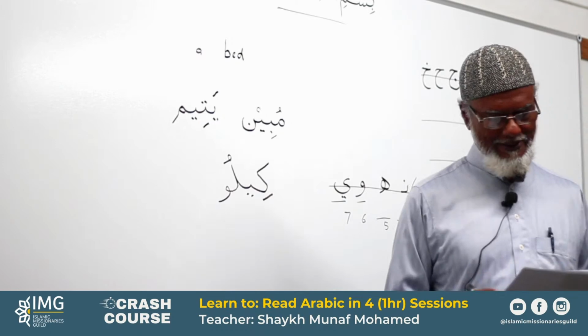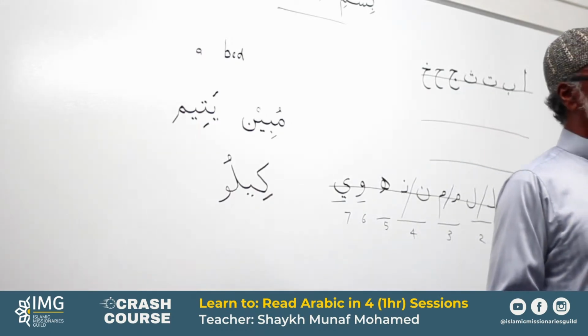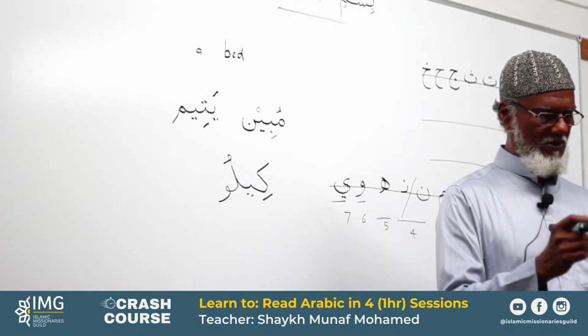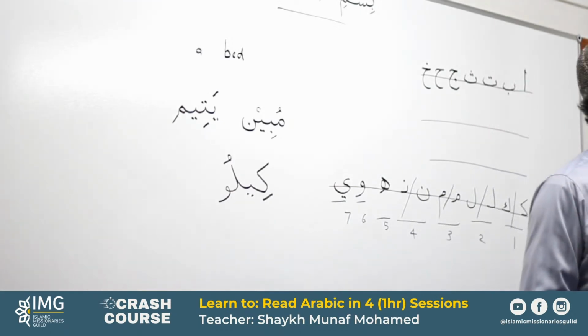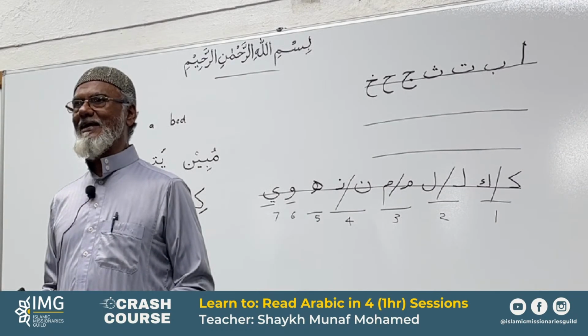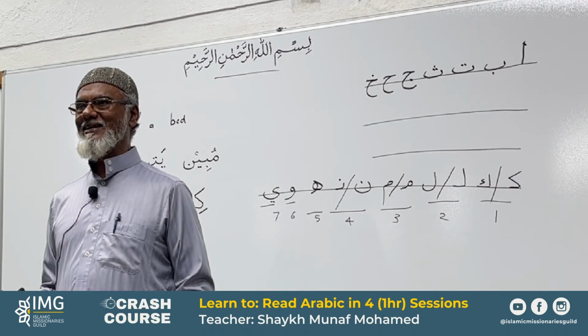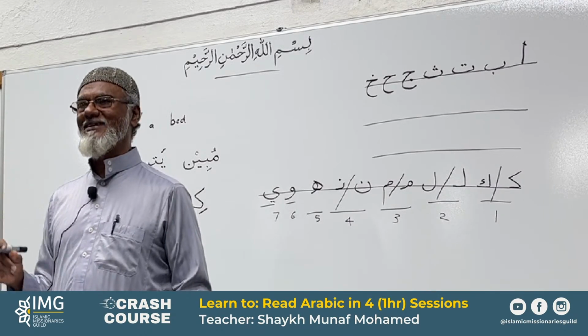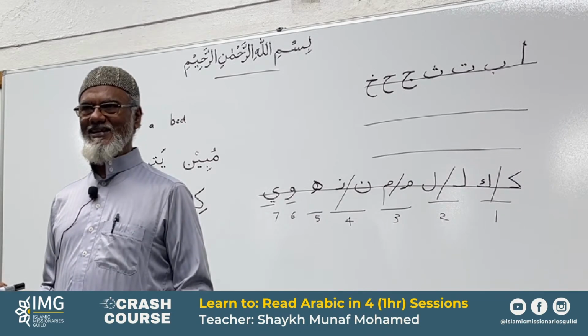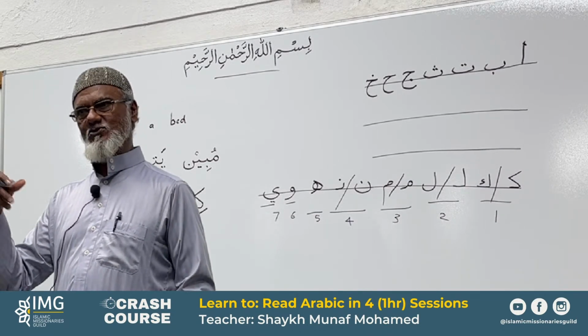The next word is what? What is the next word in your handout? Kail. Kail. And the one just above it is what? Above that same one. Kail. That one is kaila and this one is kail.